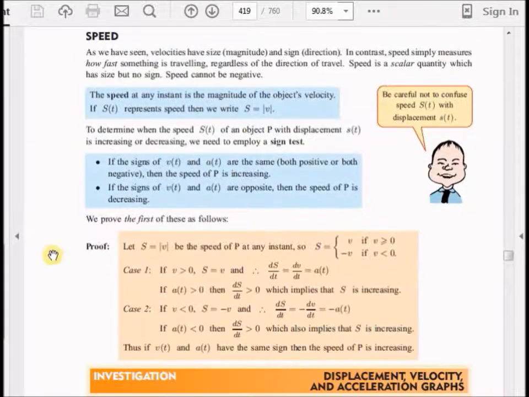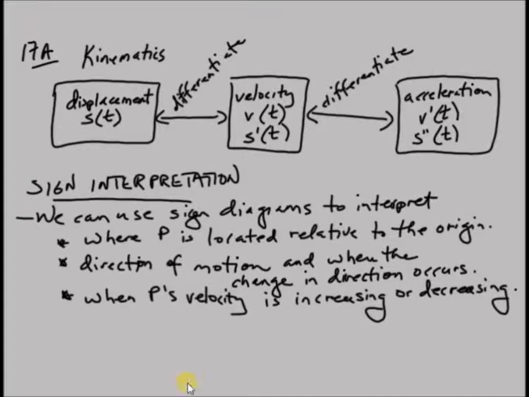Okay, let's talk a minute about speed. You can read about it here. I'm also going to write a note about velocity and speed. They are similar yet different.